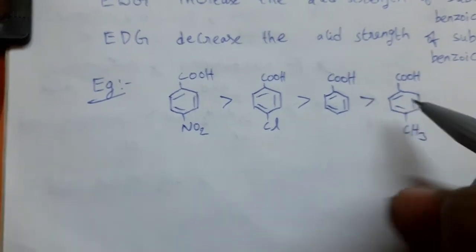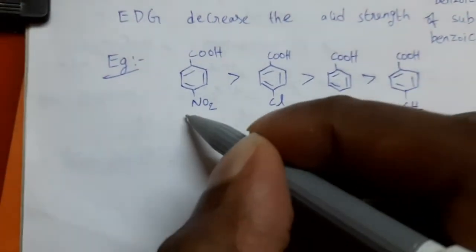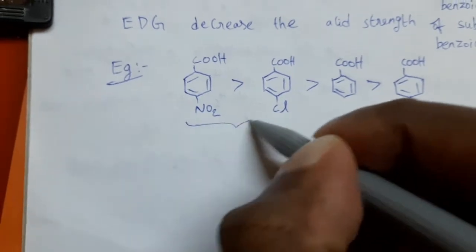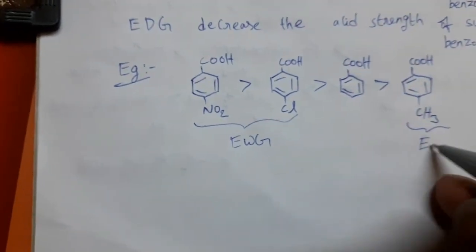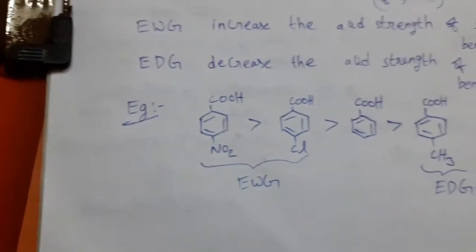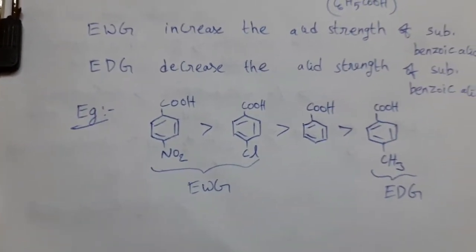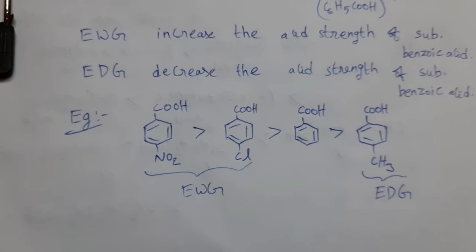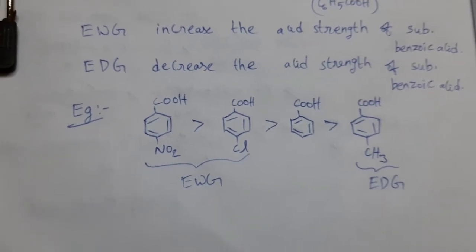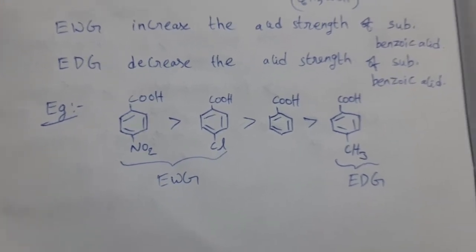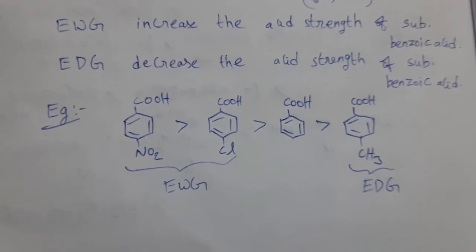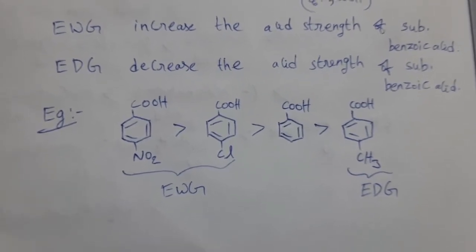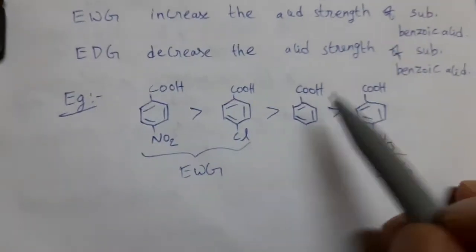So these are electron withdrawing groups, this is an electron donating group. So in this way, if electron withdrawing substituents are present on the benzoic acid, their acidic strength is more than benzoic acid. If electron donating groups are present on the benzoic acid, then its acidic strength is less than benzoic acid.